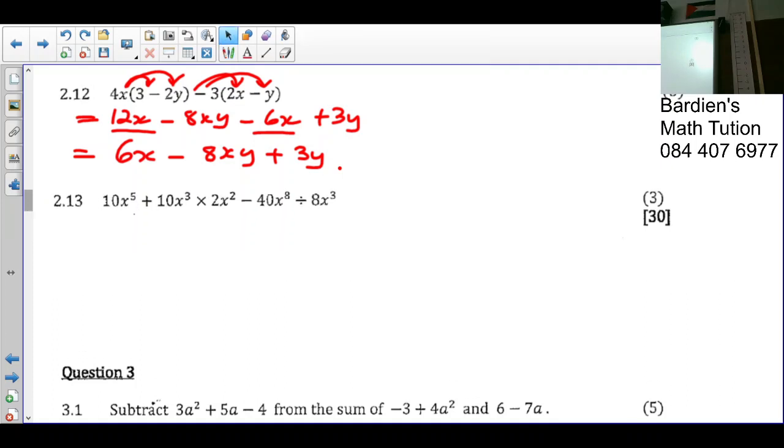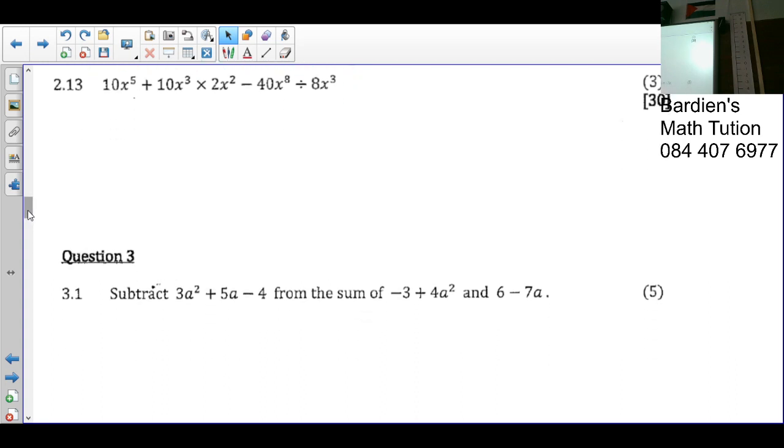The last question in question 2, it says you've got 5x cubed, no, 10x^5 plus 3x cubed times 2x squared minus 40x^8 divided by 8x cubed. People, how many terms are there? 3. Why? What separates terms? Plus and minus. So it's 1, 2, 3 terms. It's only plus and minus that separates terms.